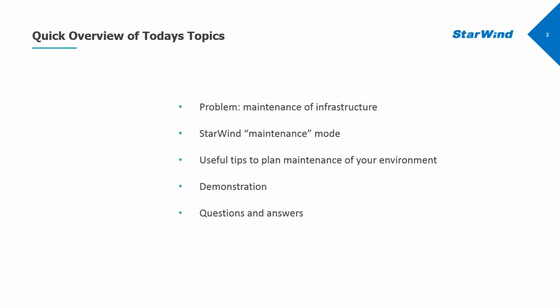Of course, every production environment sometimes needs to be maintained. Will it be just a software upgrade, or are some hardware reconfigurations required? In some of these cases, the administrator will need to stop the production services for a certain period of time. Sometimes a planned power outage must be performed.